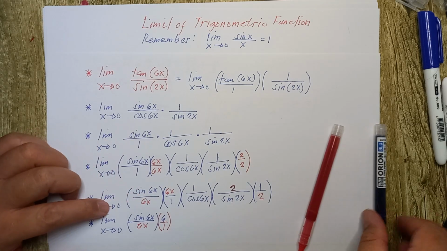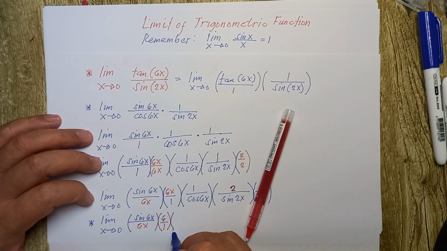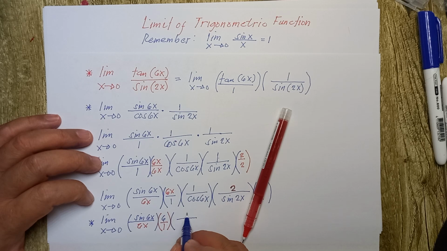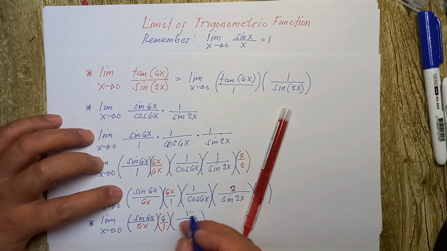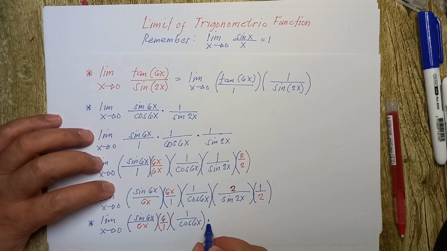So notice that is the same as the limit of 1 over cosine 6x.